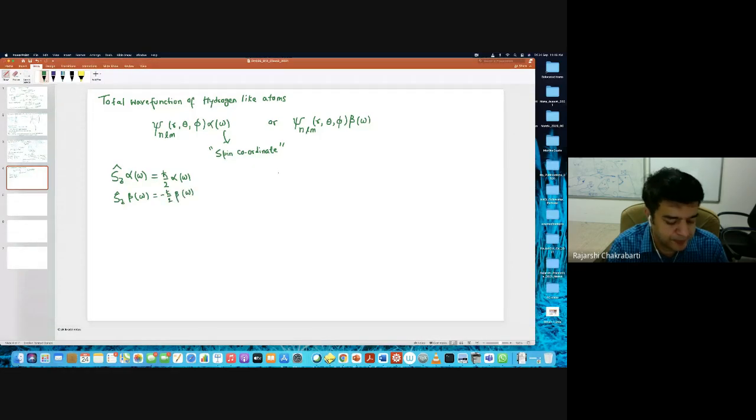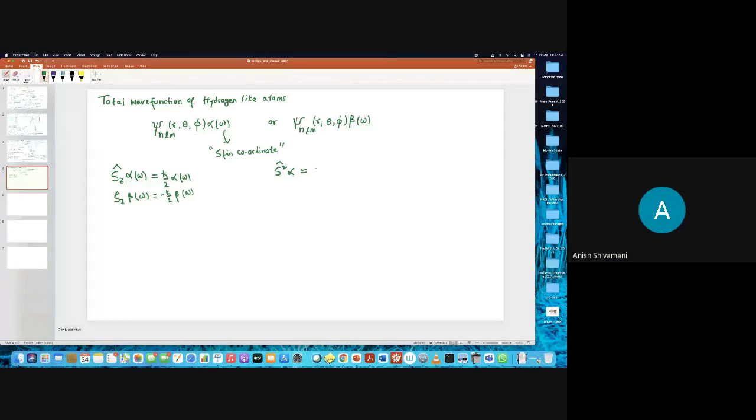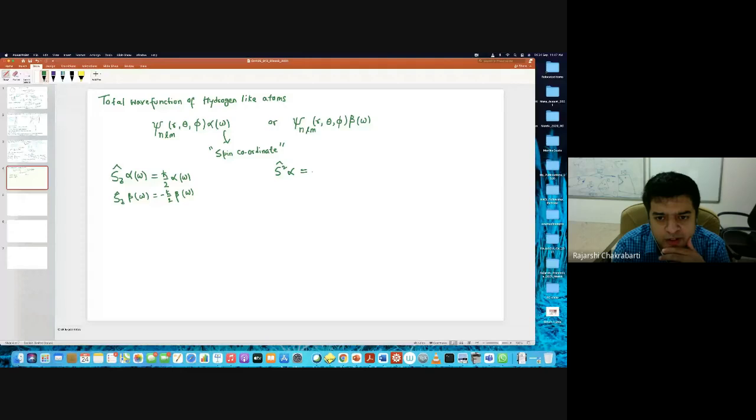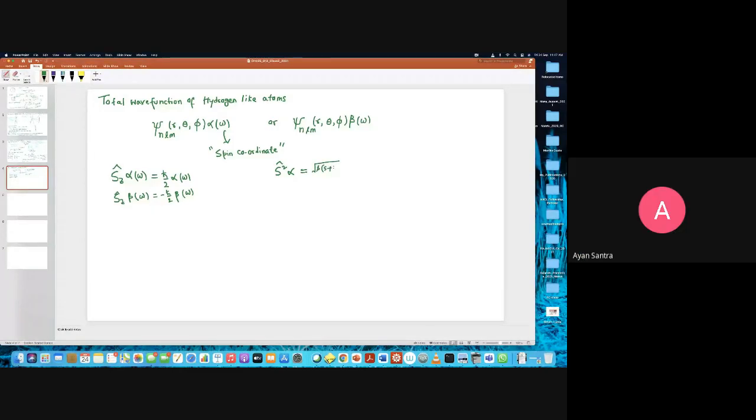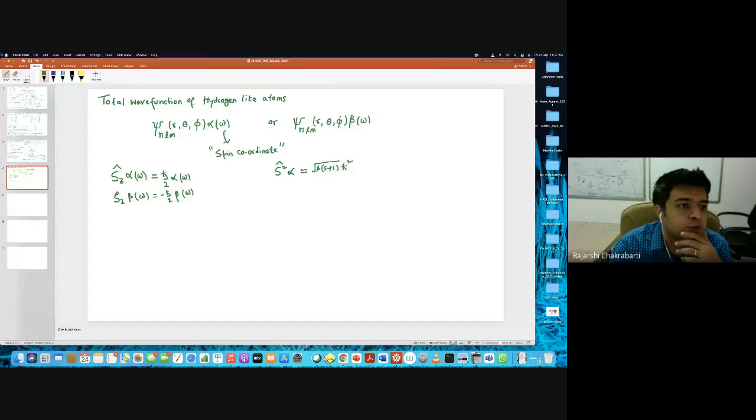Okay. Now if S square operates on alpha, I don't need to write omega again and again. What will be the answer? I just wrote in the last slide. It is going to be s into s plus 1, that is, half into half plus 1, times h cross square, which is 3 by 4 h cross square.